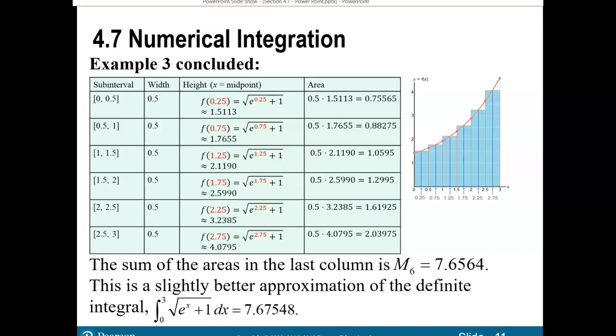That's a slightly better approximation of your definite integral than the L or the R, because if you notice in the picture, each rectangle is hitting the function where there's some above and some below. So it's kind of more of a balance. So all of those answers are different approximations of the area under the curve.